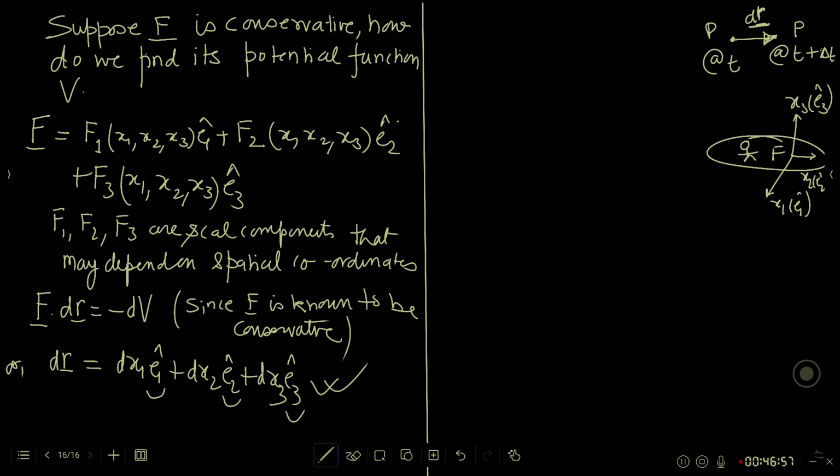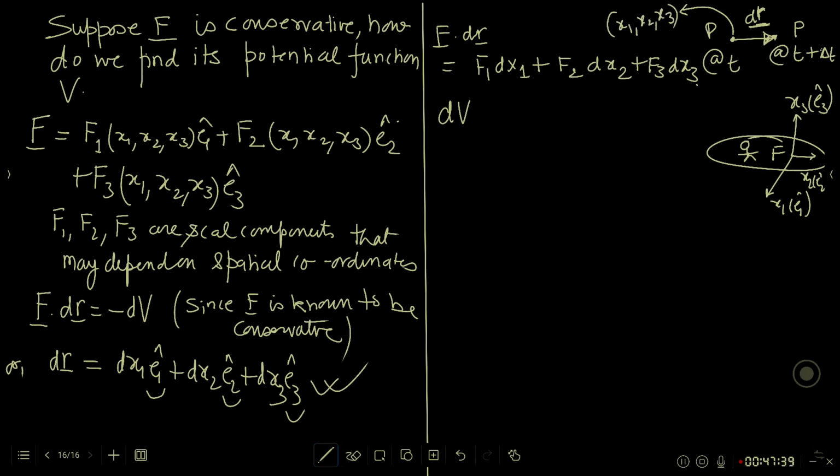On the other hand, dV, which is the infinitesimal change in function V as the particle moved from this location to this location. Now this location has coordinates x1, x2 and x3, and this new location has coordinates x1 plus dx1, and so on.